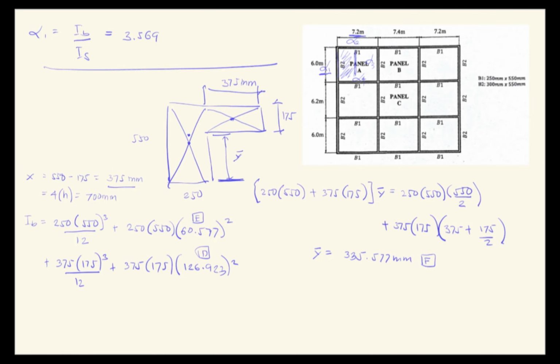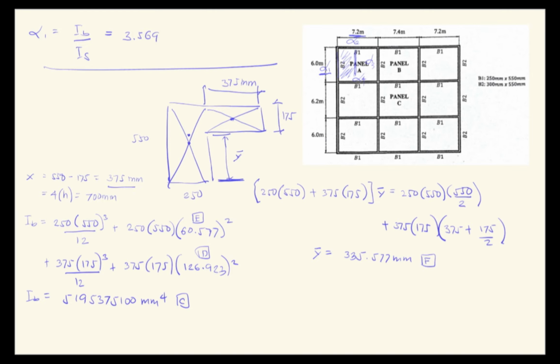Say this is in D. Hence IB is equal to 519,537,5100 mm to the fourth power, say stored in C.